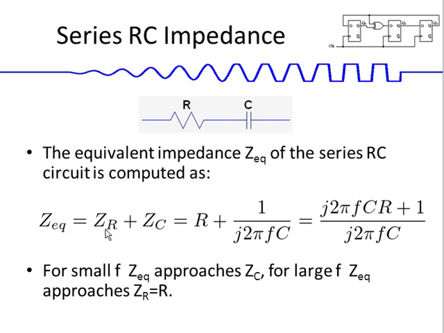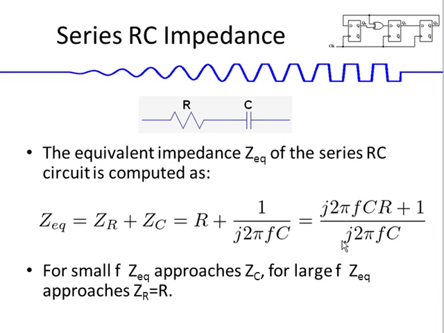And since the impedance of a resistor is just the resistance itself, it becomes R plus the reactance of the capacitor, which is 1 over j2πfC. If we put it over a common denominator, that gives us (j2πfCR + 1) divided by j2πfC.